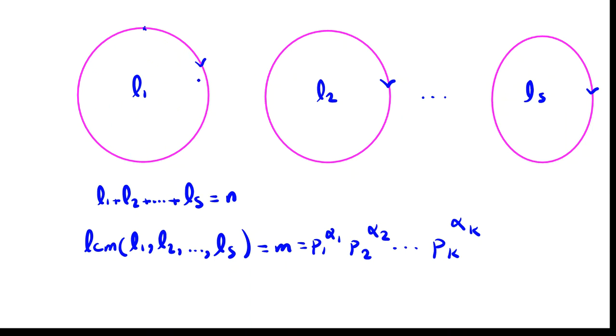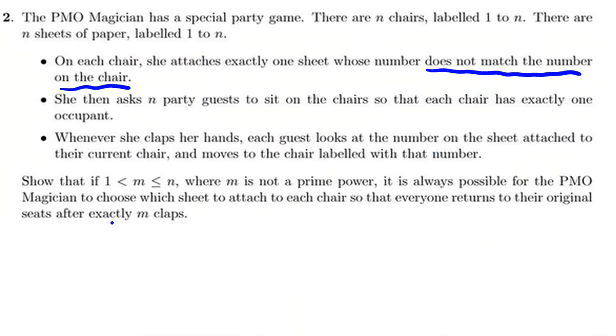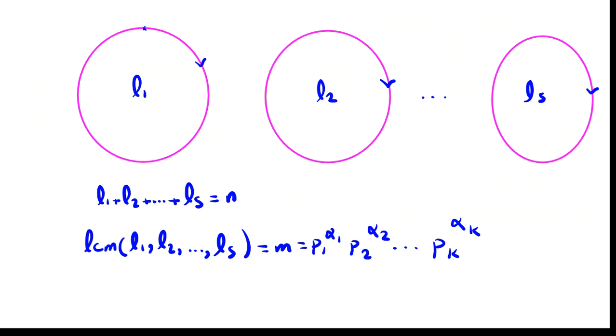If we want everyone to return to their original seats after exactly m claps, the first time all of them return is the LCM, because it must be a multiple of L1, L2, up to Ls. So the LCM of them must be m, and we know m equals p1^α1 p2^α2 up to pk^αk, with m greater than 1.